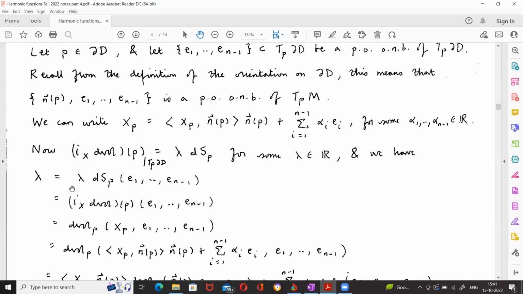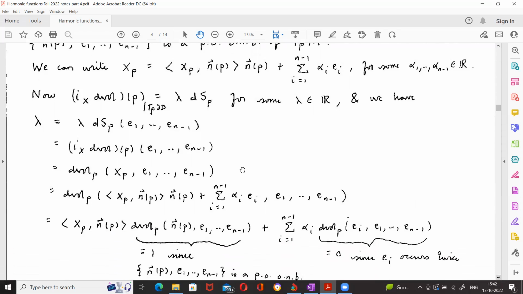But lambda times ds is my i_X dvol. So this becomes i_X dvol acting on E1 to En-1. What is the definition of i_X dvol? You put an X in the first position. So this becomes dvol of X together with E1 to En-1.